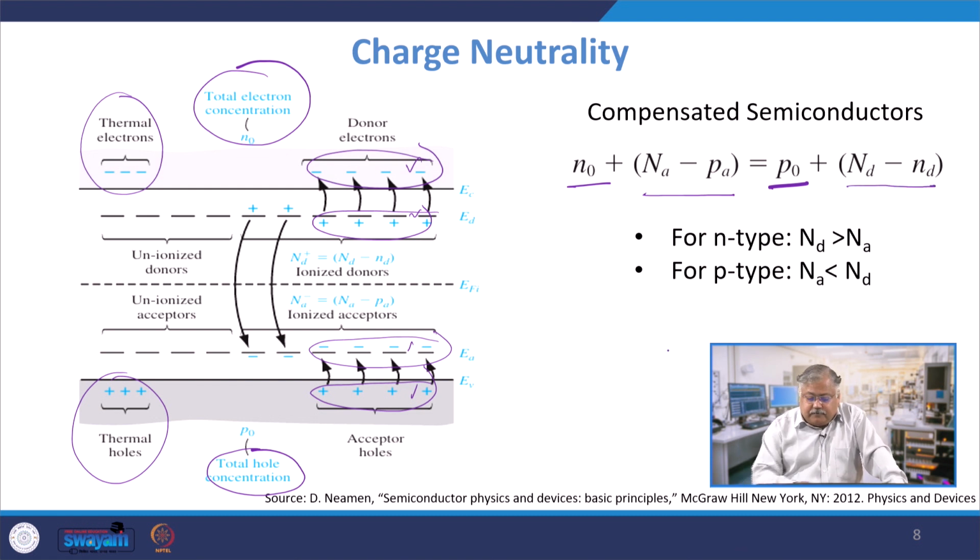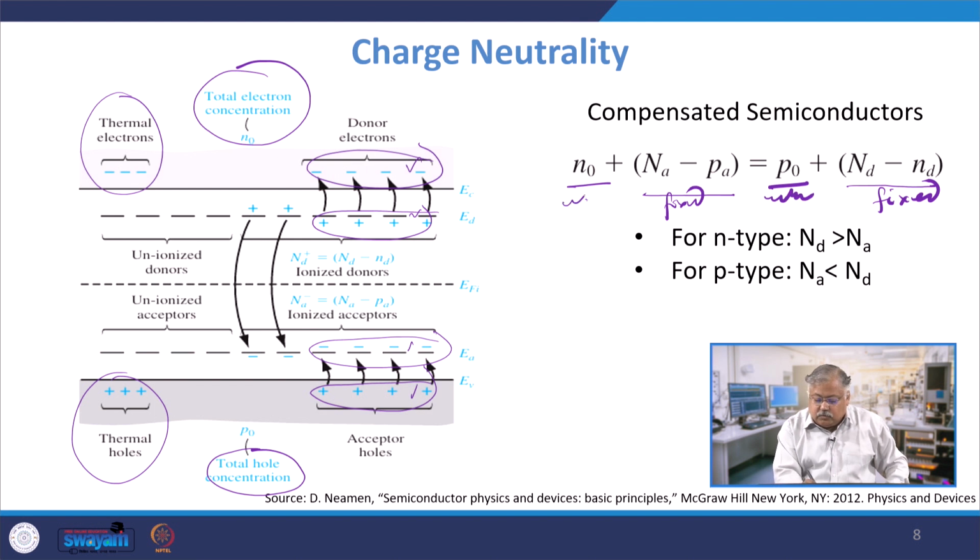N0 and P0 are all free charges, and these are fixed charges, and this is also a fixed charge, while this is a mobile charge and this is also a mobile charge. So what you see from this diagram is that the mobile charges and fixed charges, if you add them together, always become equal to each other.